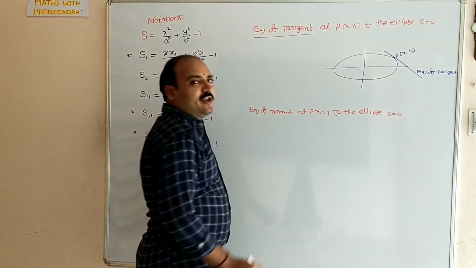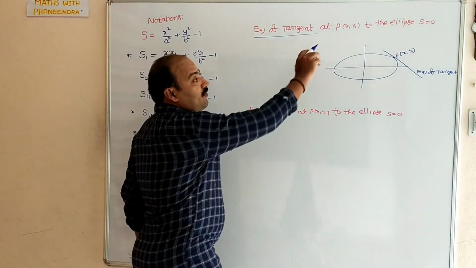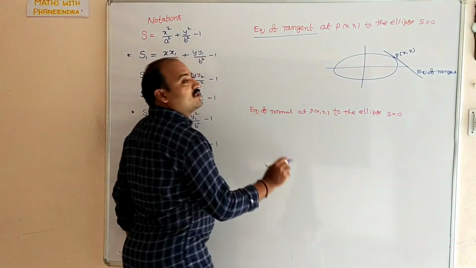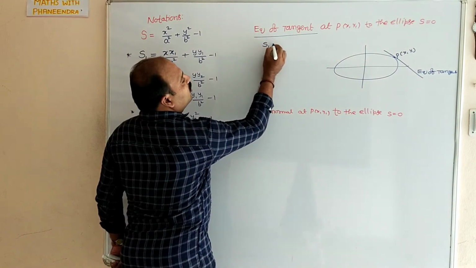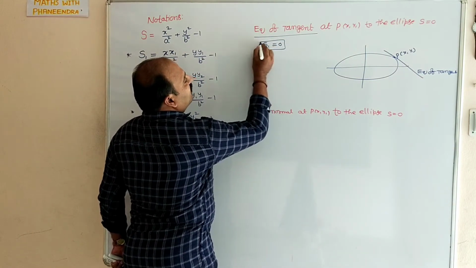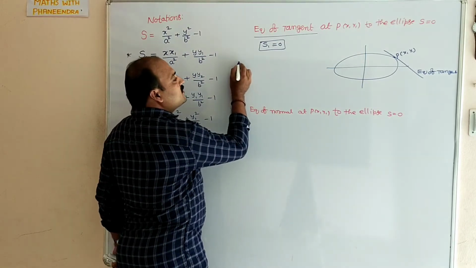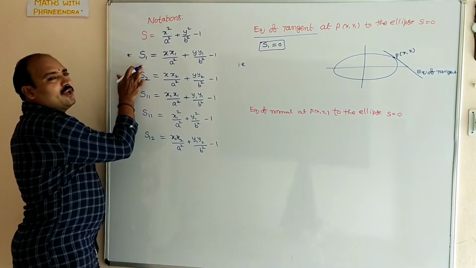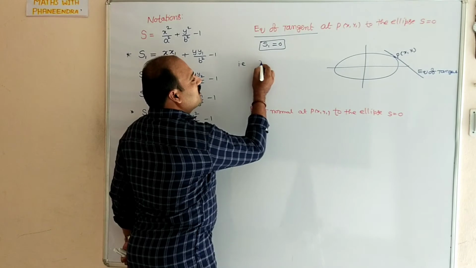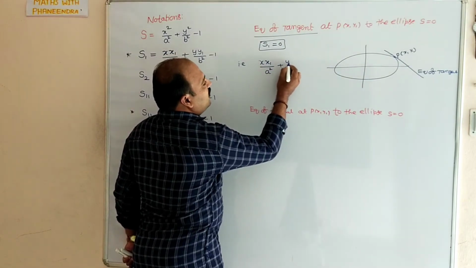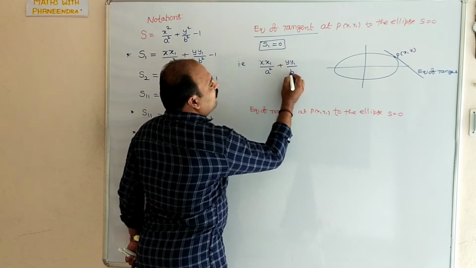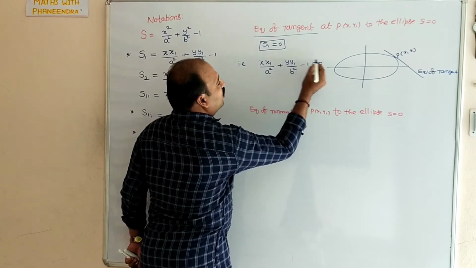The equation of tangent at P of x1 comma y1 to the ellipse S equal to 0 is S1 equal to 0. This is the equation of tangent. What is the S1 notation here? You can write it as xx1 by a square plus yy1 by b square minus 1 equal to 0.